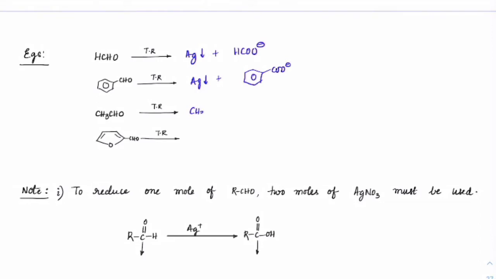Acetaldehyde will also precipitate Ag and give CH3COO minus. And here also it will precipitate. This is furfural, which will also become furoate. So these are the formations you will see. One important aspect you need to remember here is that we are doing it in basic medium.